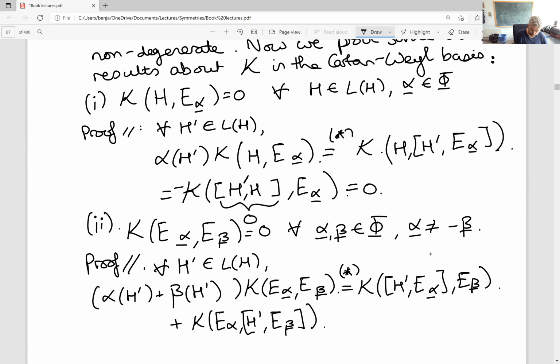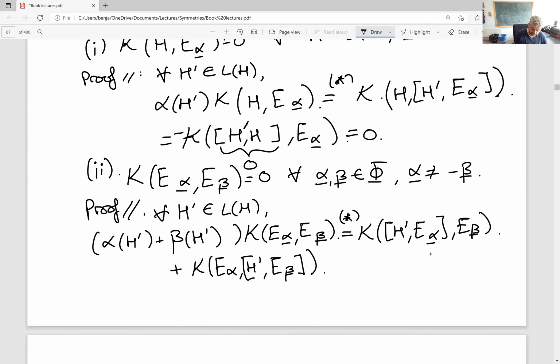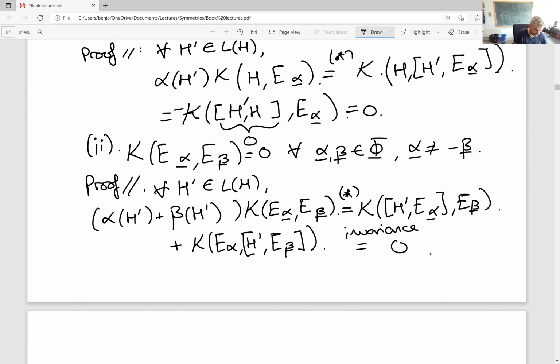So invariance tells us that the sum of these two things is 0. The left-hand side is proportional to alpha of h prime plus beta of h prime.